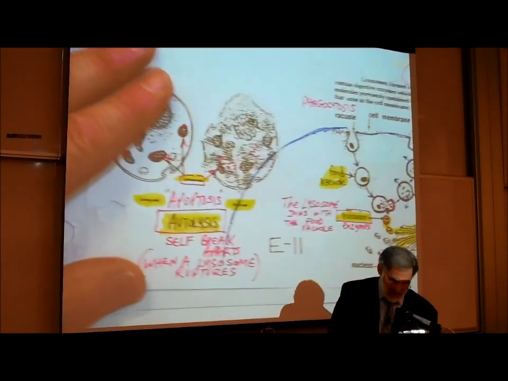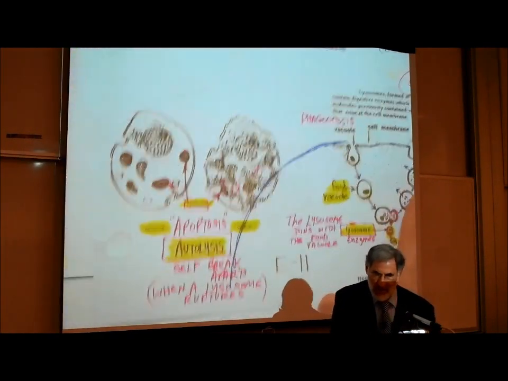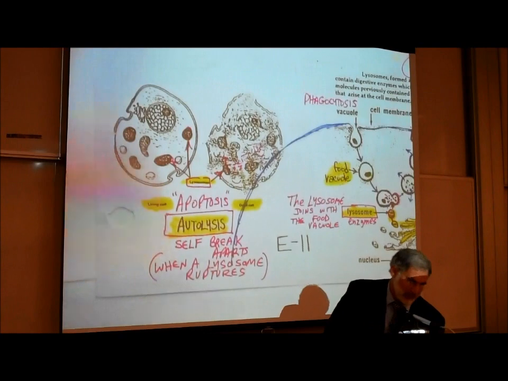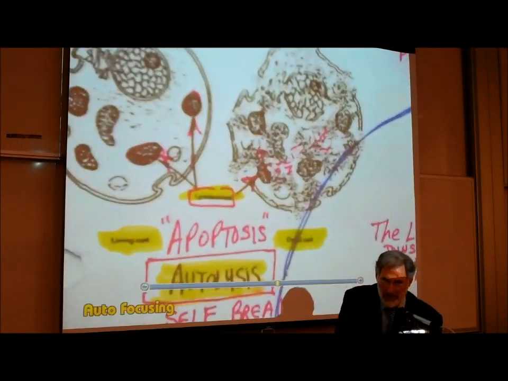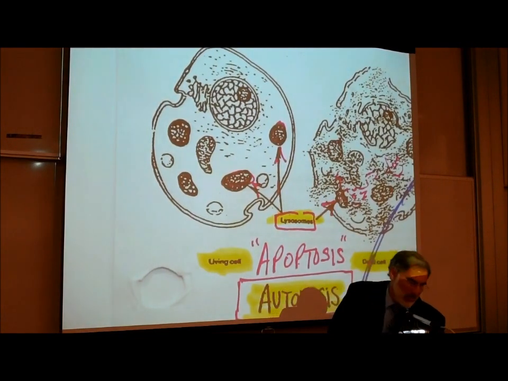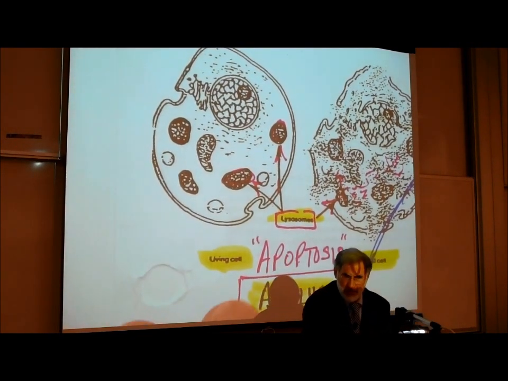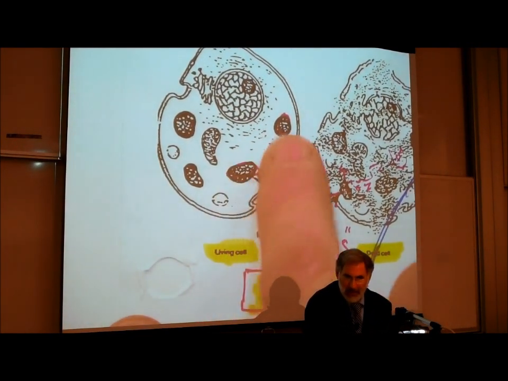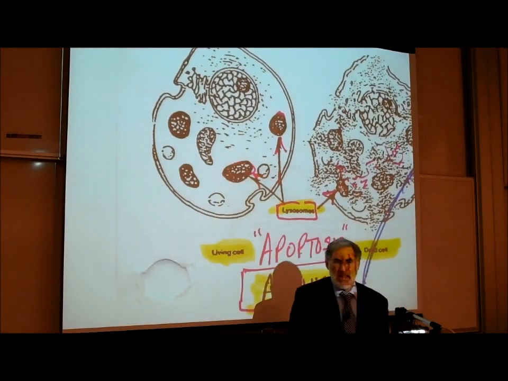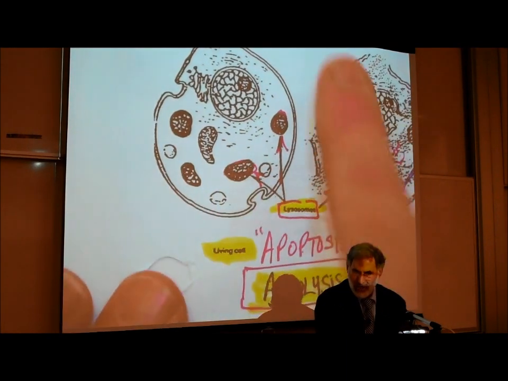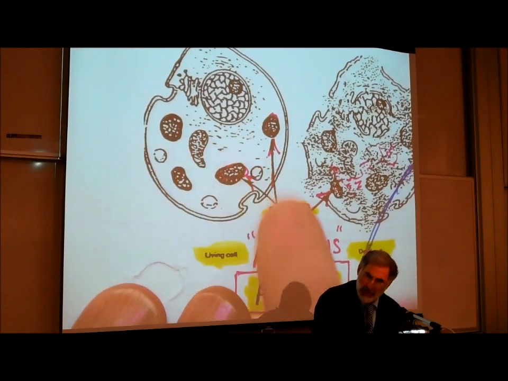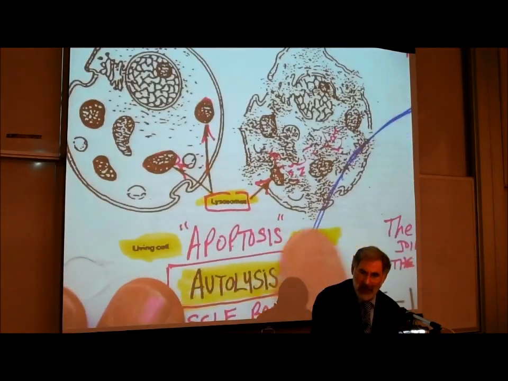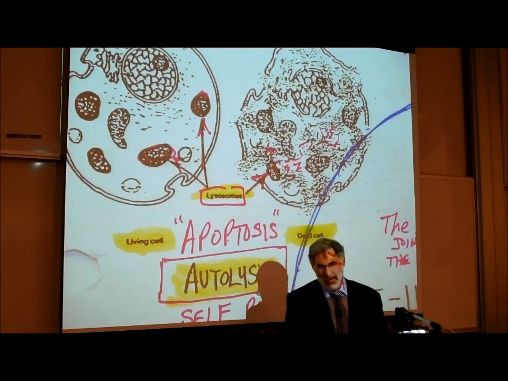In other words, it would be, in a sense, committing suicide. So, in fact, if we look just to the left-hand side, let's enlarge this. It shows what's labeled a living cell, and these are the lysosomes. And if these lysosomes rupture, all these hydrolytic or digestive enzymes are released into the interior of the cell, and the cell self-destructs.